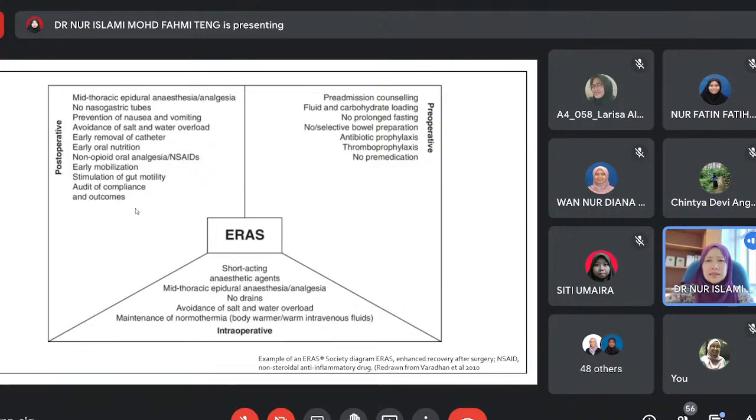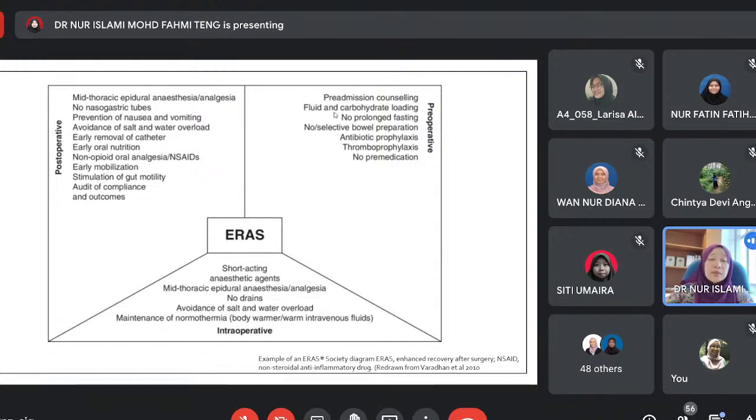This is the diagram of ERAS lah. So kau tengok dalam ERAS ni, ni adalah pre-operative, and this is post-operative, this is intra-operative lah. So dekat sini ERAS ni, ada pre-admission counselling, fluid and carbohydrate loading, and no prolonged fasting. So this is actually related to us lah, fluid and carbohydrate loading.